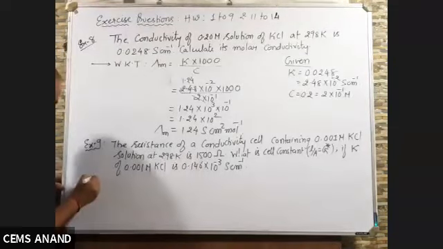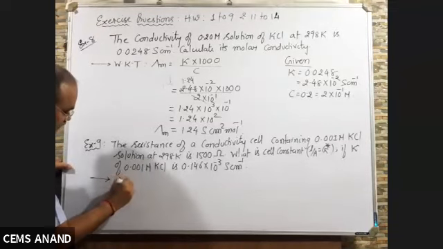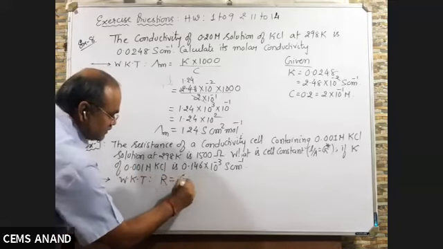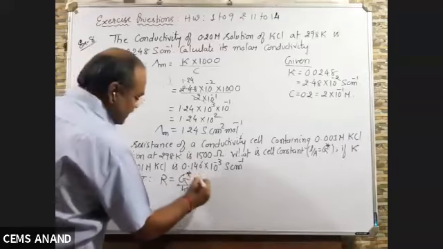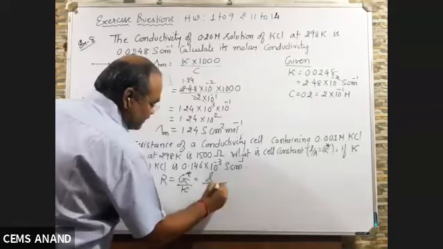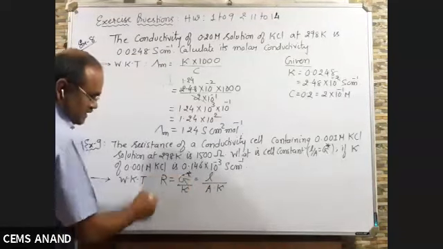Now, if you have gone through the theory, then we have written that resistance is equal to cell constant by kappa, or you can write L by A into kappa, but this L by A is G asterisk.